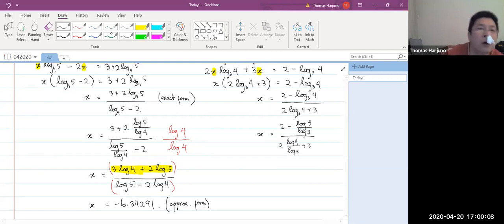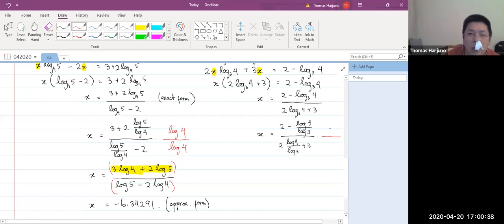Now, if you have a calculator that can do any base, then you don't need to do this step. But I anticipate that one day you may not use the same calculator, like the calculator on our computer that only has base 10 and base e. So if you have to use a computer, then you need to anticipate that situation.